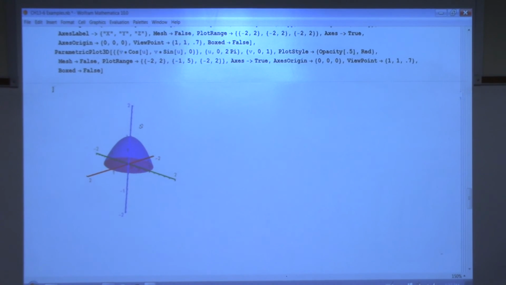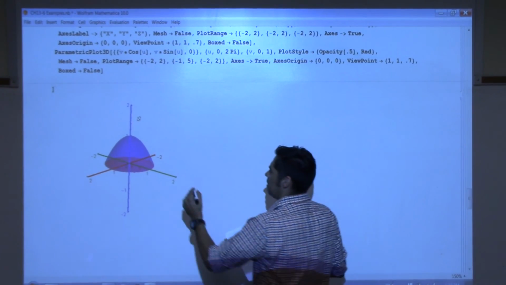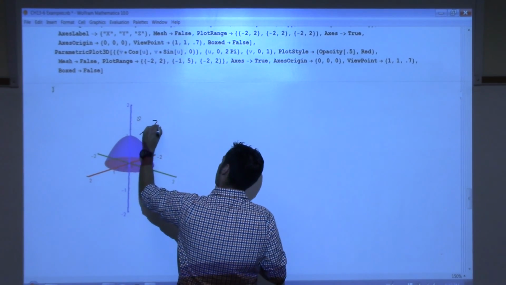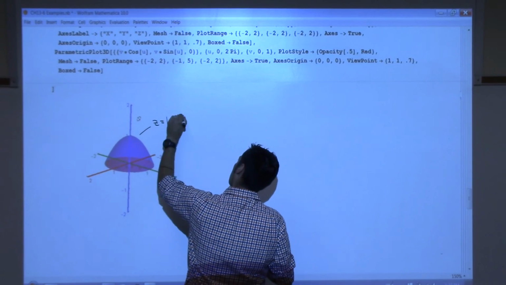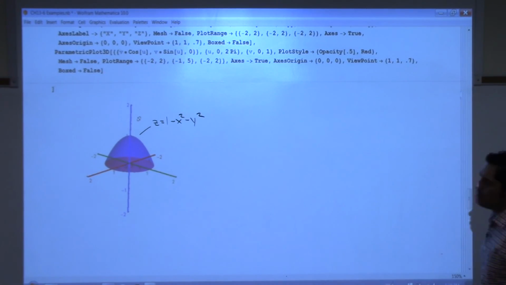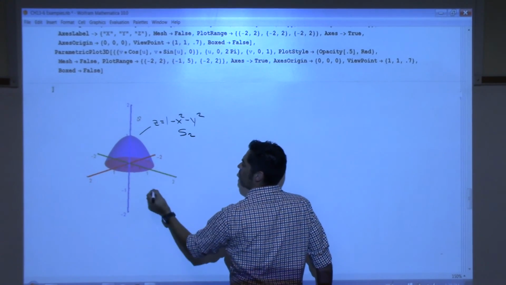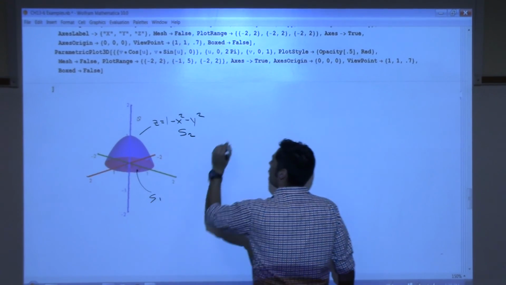So what do you want to start with? The circle on the bottom, that disk. Okay, what about that disk? Okay, so why don't we call this one S2? The one on the bottom there, we'll call it S1.